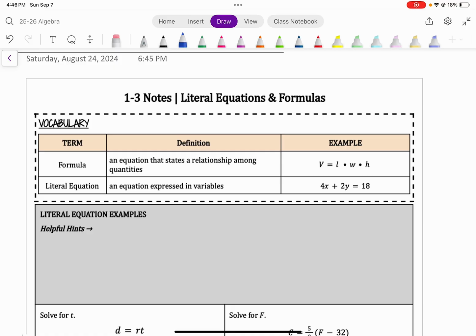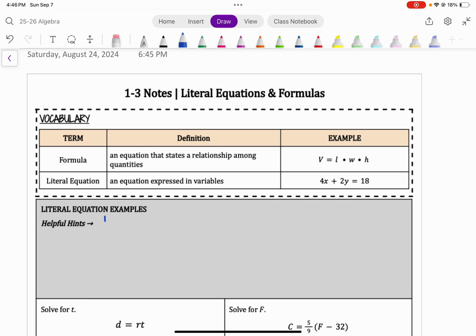So the hints, I'm just going to put 2 hints on there, and these are the hints that work for me. My first hint is to highlight the variable I'm solving for.